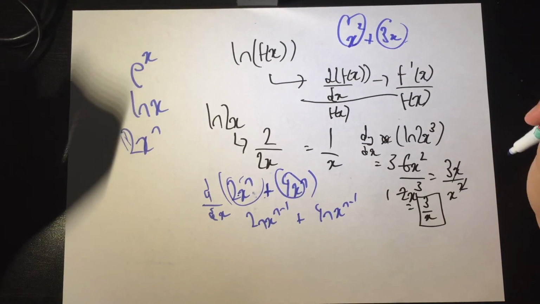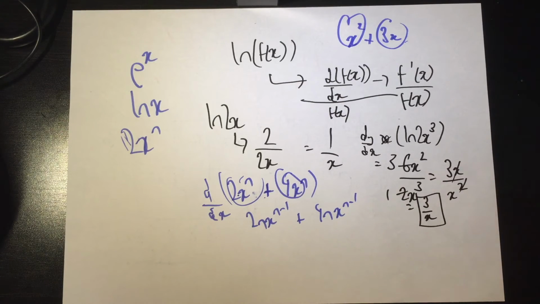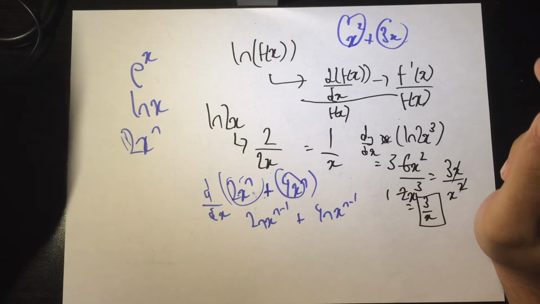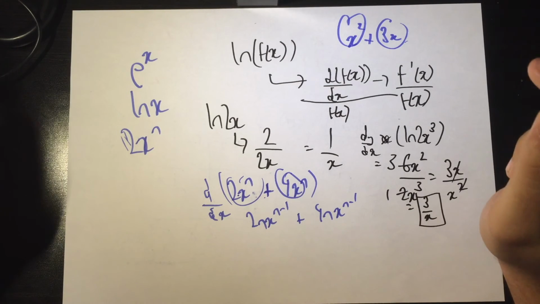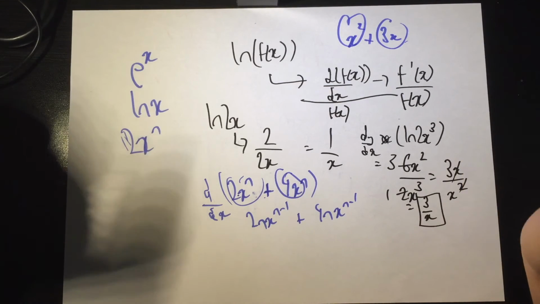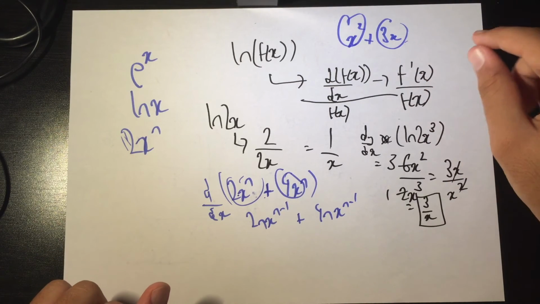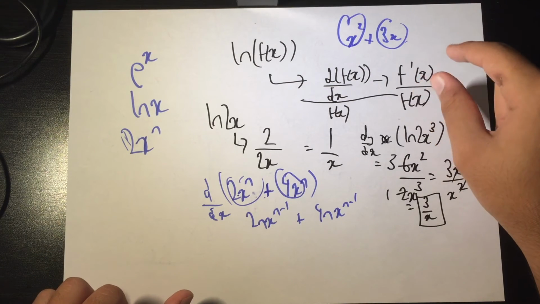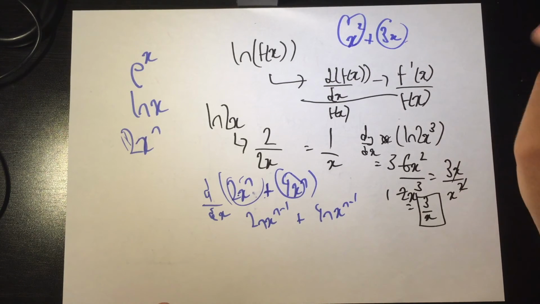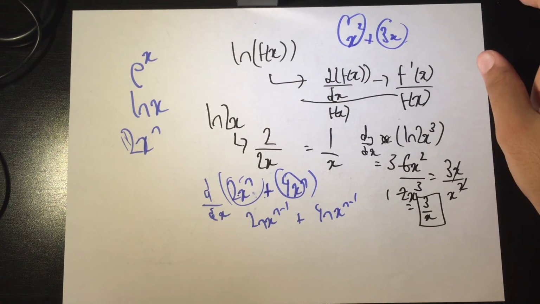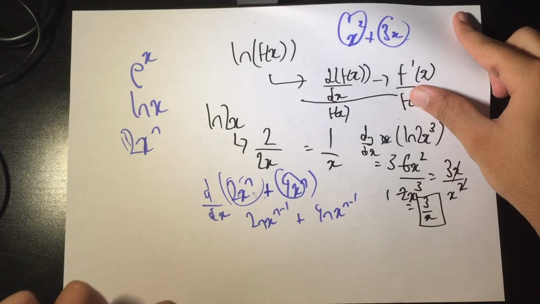So we've covered how to differentiate these three. We're missing one key ingredient though, differentiating trigonometric functions. So we need to start differentiating that, because trigonometric functions are really important, and I think differentiating is applied mostly on those kind of functions.